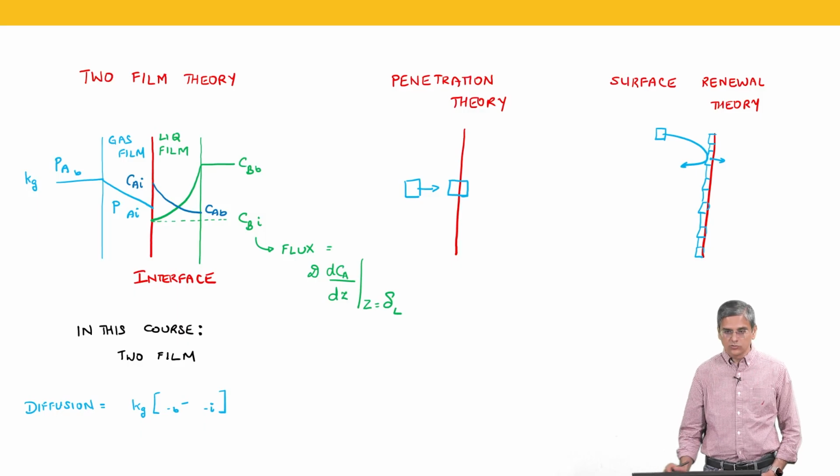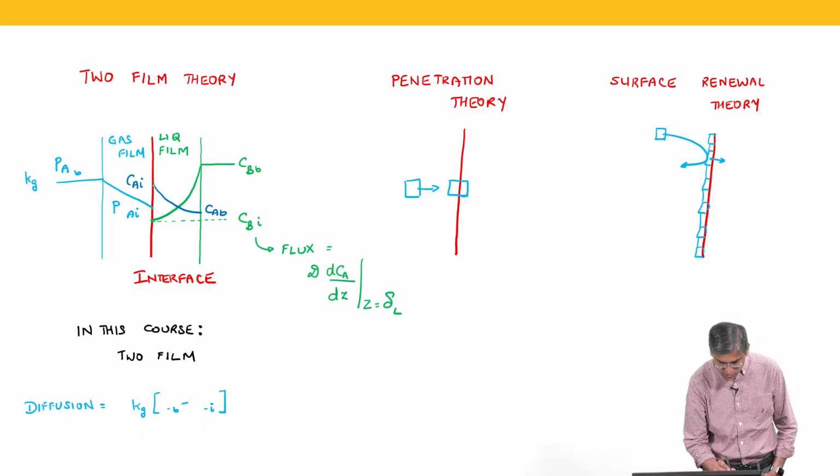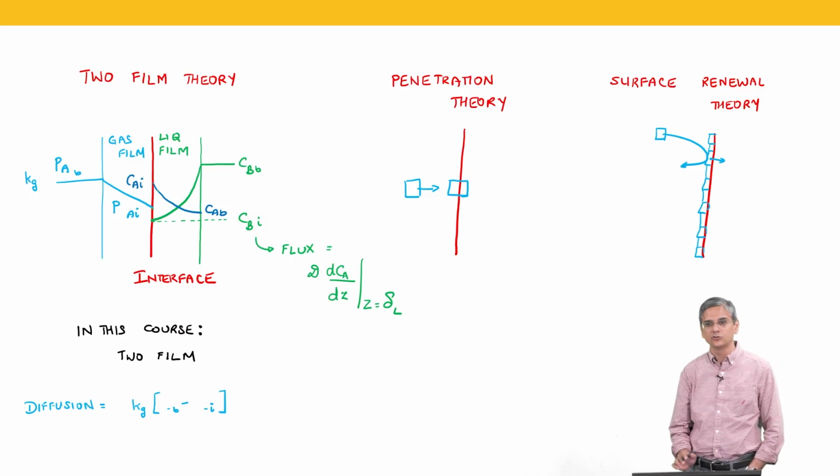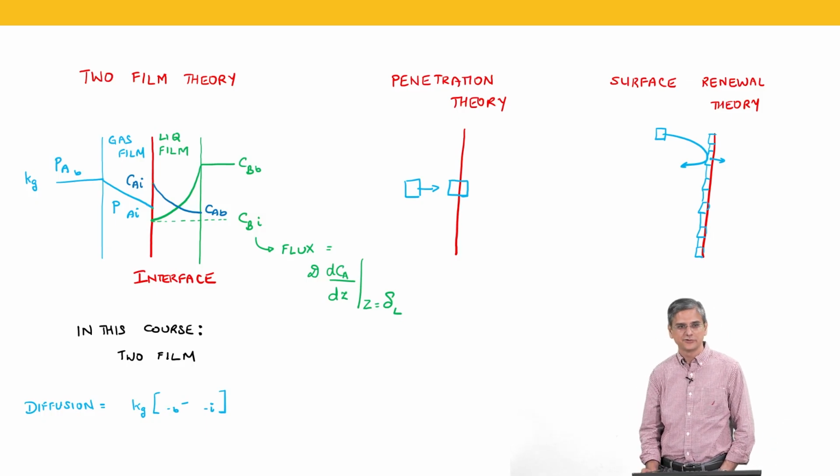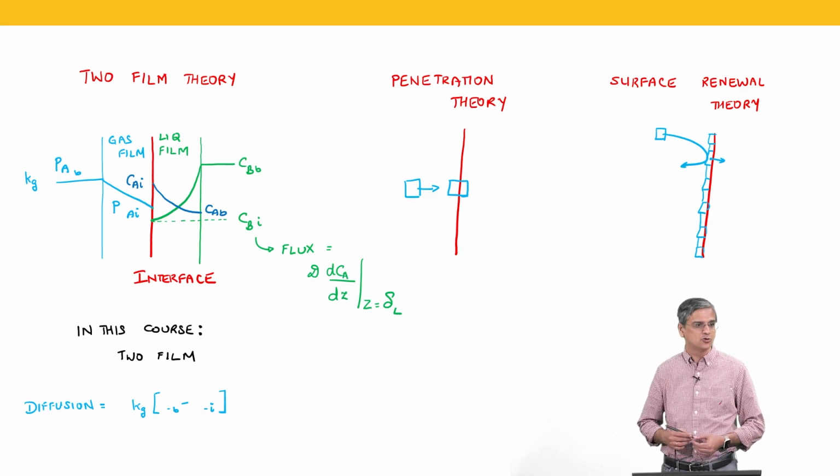Now don't misunderstand this as partial pressure being lower than concentration. How is partial pressure lower than concentration? Don't interpret this as partial pressure being lower or higher than concentration. Why am I saying that? What is the unit of pressure? Pascals, bars and so on. What is the unit of concentration? Moles per meter cube or moles per centimeter cube.